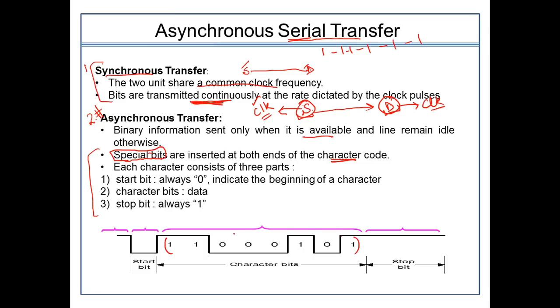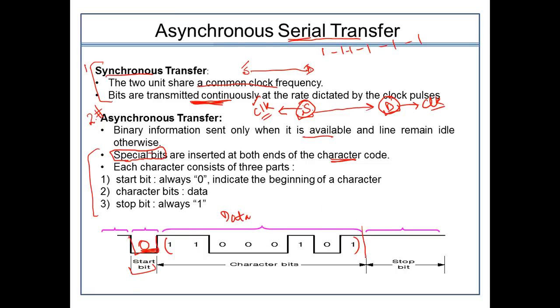Above the character bits, we will always have a start bit, which will always be zero. This is the low clock pulse, and it always depicts the start bit of the character. In between will be the data or the character bits.